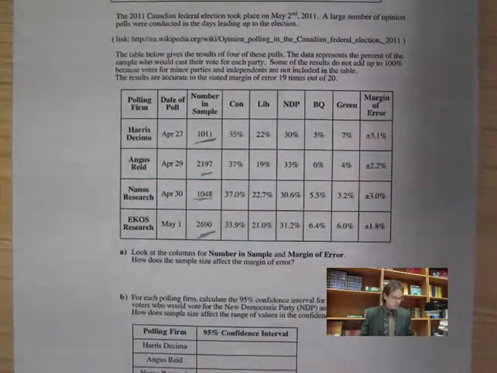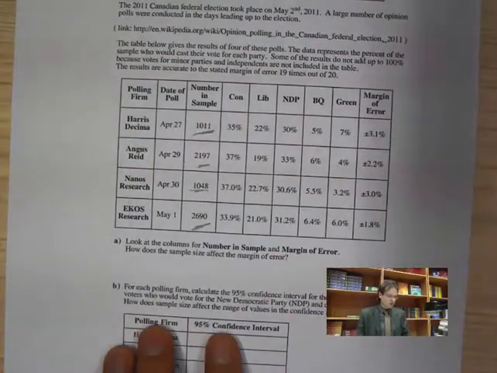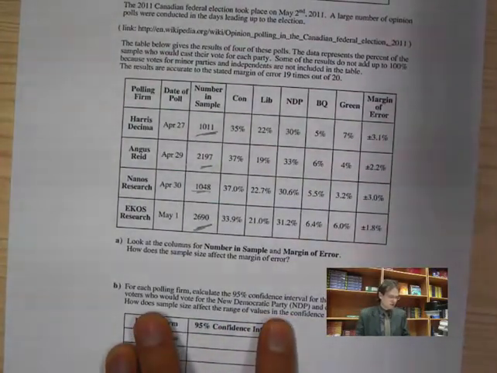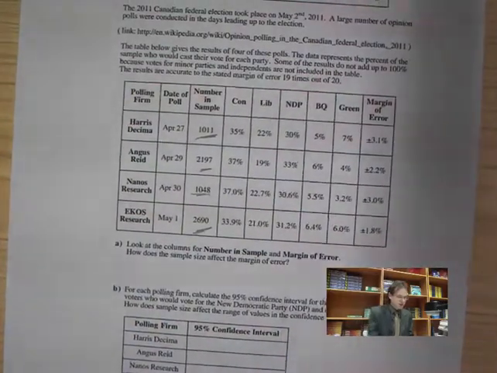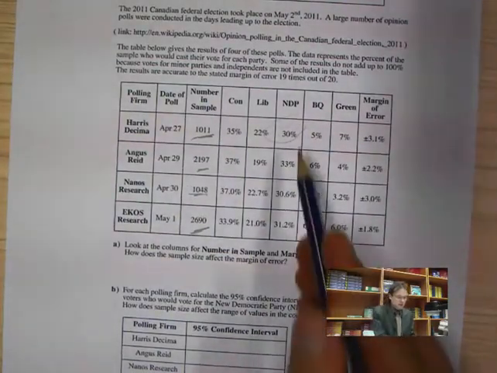Okay? So the next part says, for each of the following firms, calculate the 95% interval for the percentage of Canadian voters who would vote for the Democratic Party. So this here is their 95% interval for the Democratic.